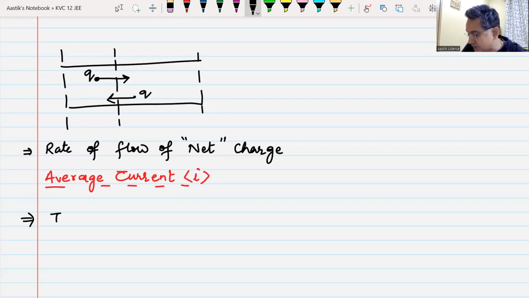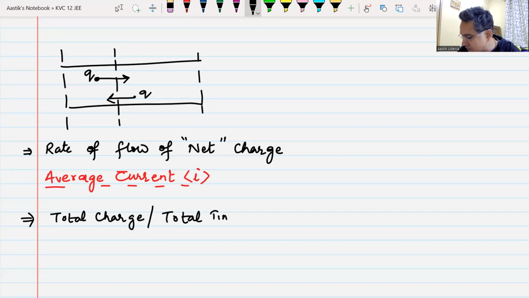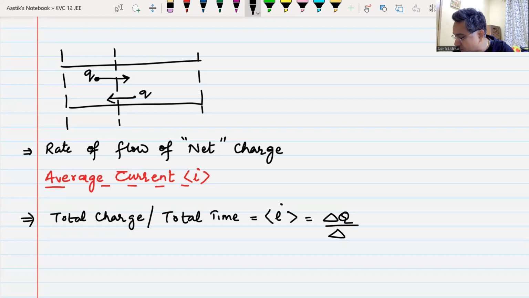What would be your average current? It will be total charge divided by total time. Whenever I say total charge, you must remember that it is the net total charge. Don't worry, we will do some questions on this that will make you understand this. So average current, I average, is delta Q, total charge, divided by total time.